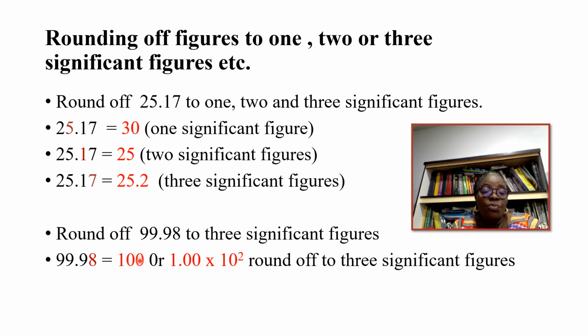Don't forget to put this dot, because without the dot, it cannot be 3 significant figures. It is the dot that makes it 3 significant figures. Or you can put your answer in notation as 1.00 times 10 raised to power 2, rounding off to 3 significant figures.